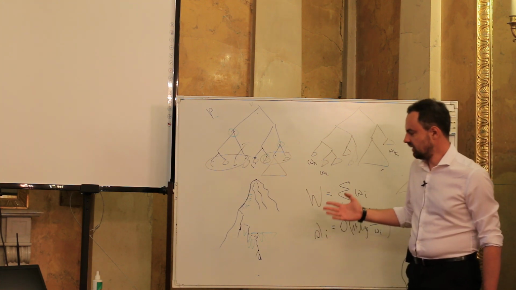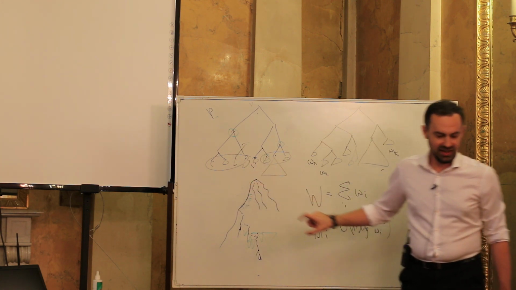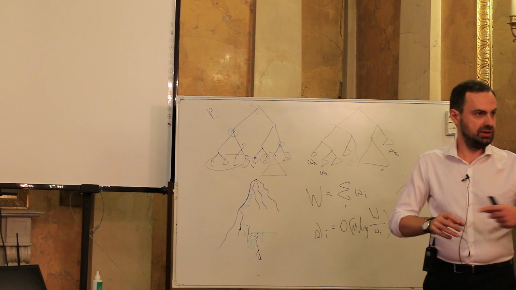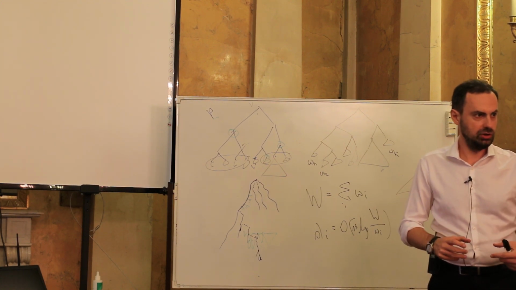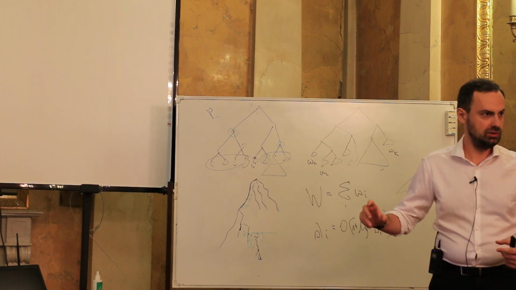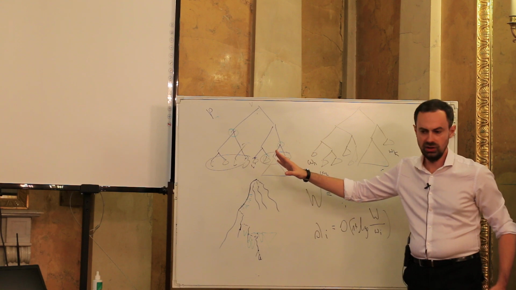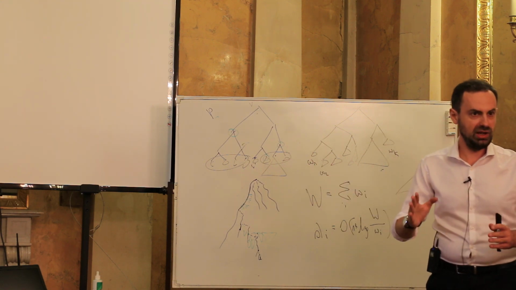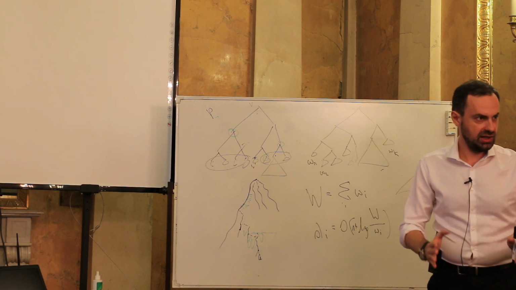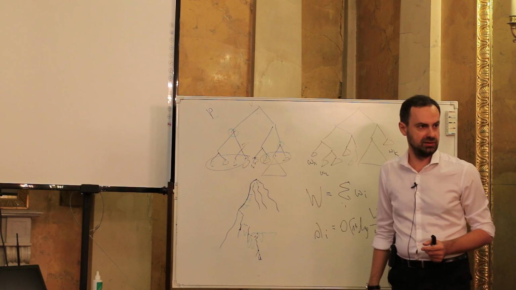On the other hand, my claim is now that if you look at all light edges on your path, then when you sum up the depths in all of them, you will get something small, not log n times log sigma. With the simple partitioning, the sum of the depths was log n times log sigma, because we had log n structures, and in each of them the depth was log sigma. So that was how much we have paid.